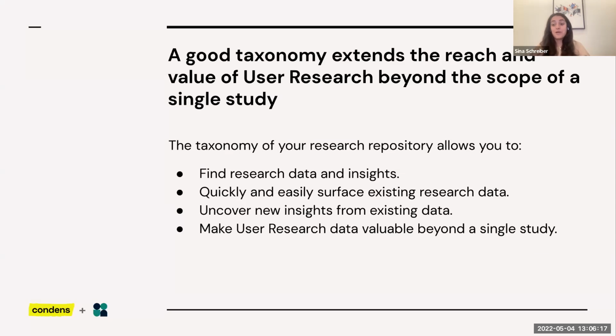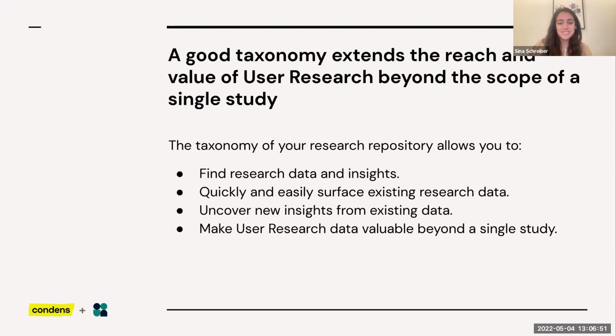From our point of view, a good taxonomy really helps you to extend the reach and the value of user research data beyond the scope of a single study. A good taxonomy will help you to make information findable and to use it after a single research project.